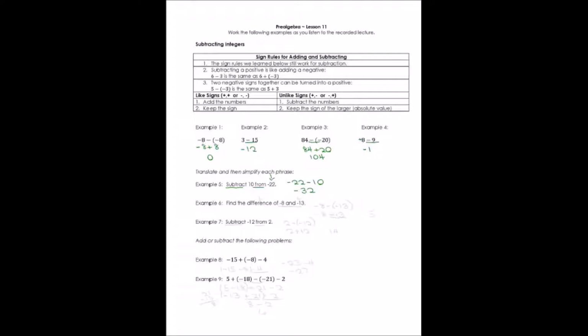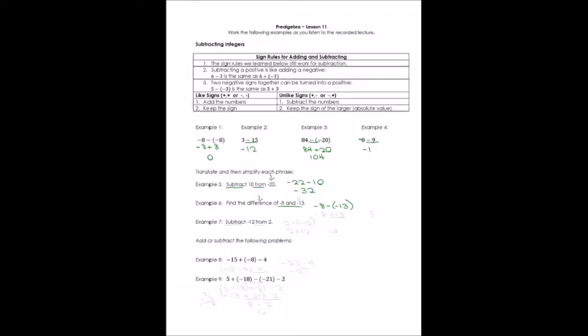Example 6 says find the difference. Well, once again, difference means subtract, but this time it's not translated backwards, so I'm going to write it in the order that they come in the problem. I'm going to say negative 8 minus negative 13. That was tricky because I ended up with two negatives together. Remember, the negative that I wrote after the 8 is really from the word difference.